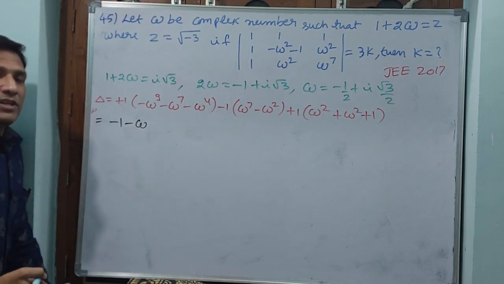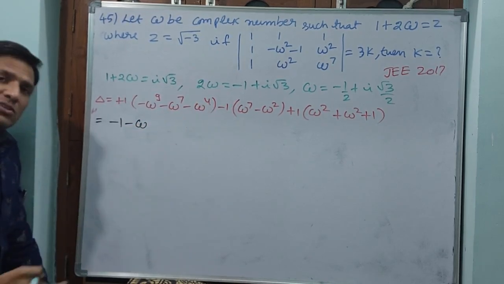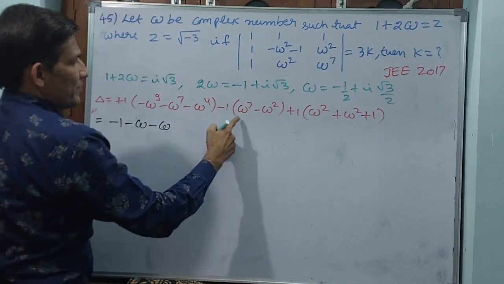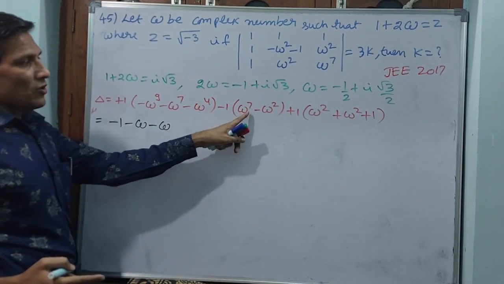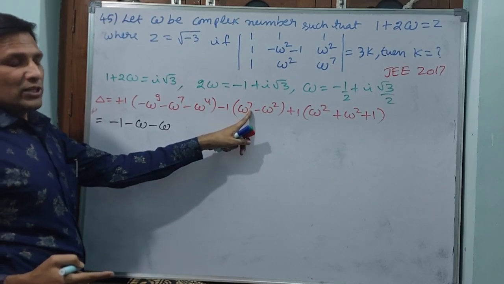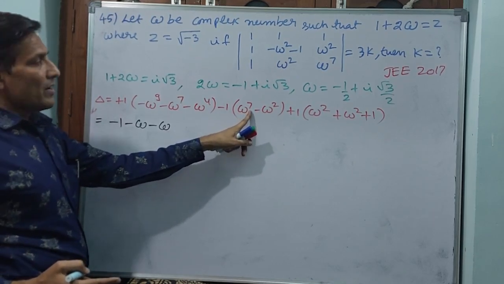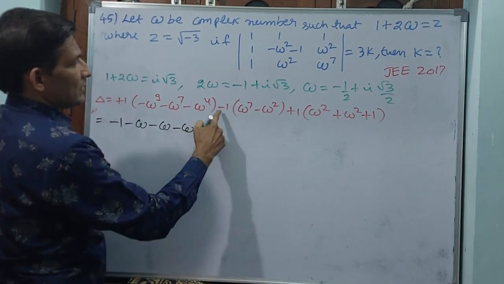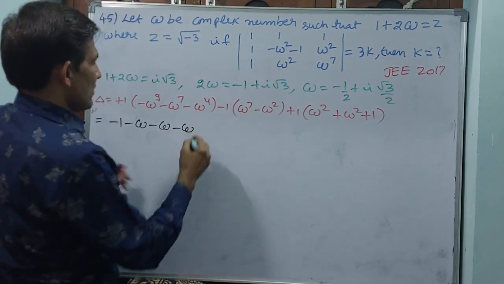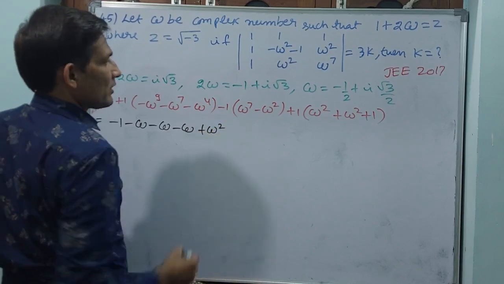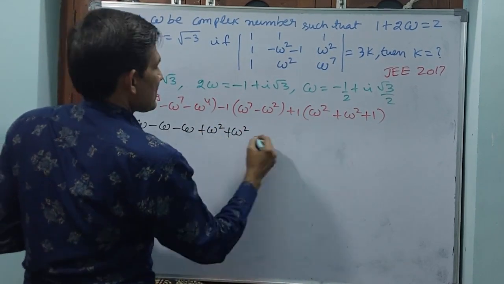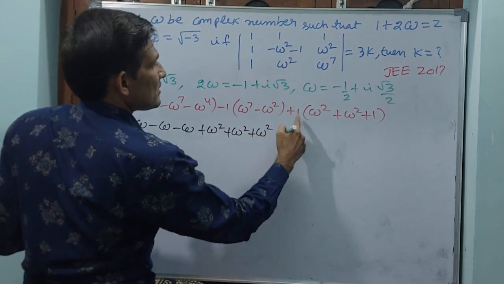Here 3 times if you go, 1 will be remainder. This is also minus omega. Here also 6 times, 3 2 times goes, 1 will come: omega. Minus omega, plus omega square. Plus omega square. Plus 1.